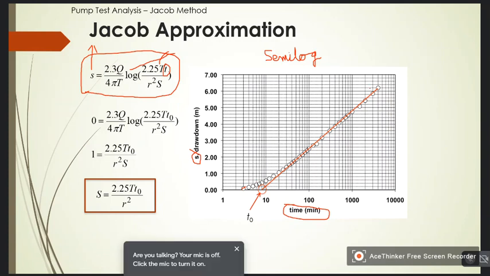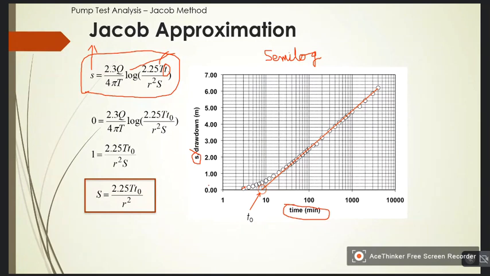Now, after drawing this graph, these are all your points. You draw a tangent and extend it up to S is equal to 0. So 0 is equal to 2.3 Q divided by 4 pi T log something. When will this be 0?